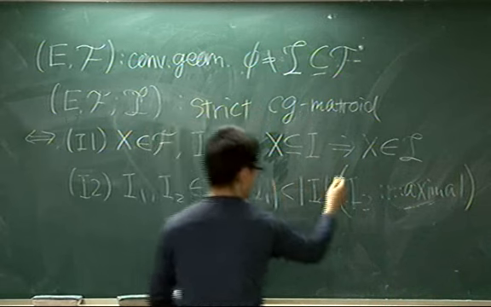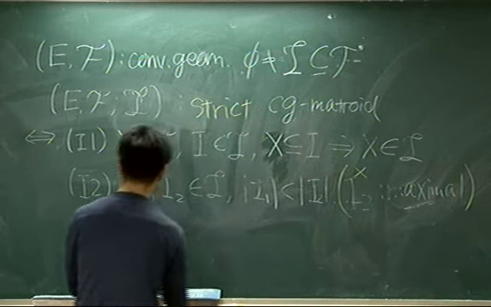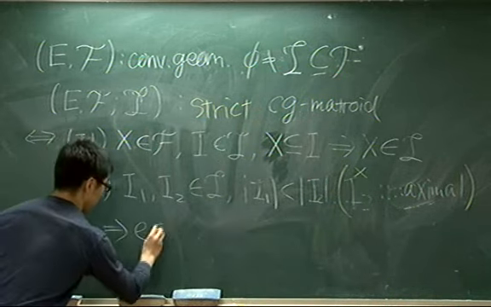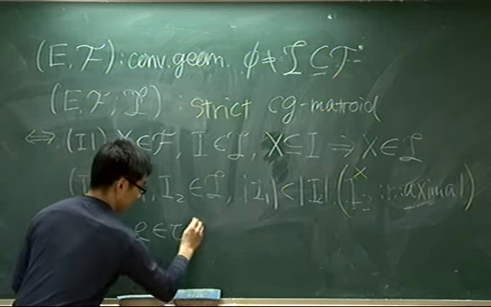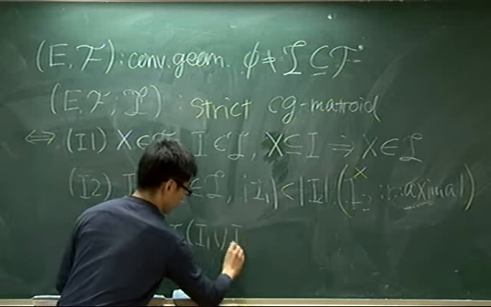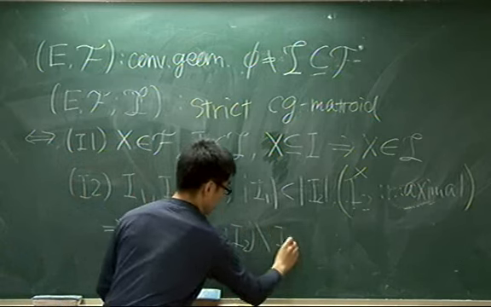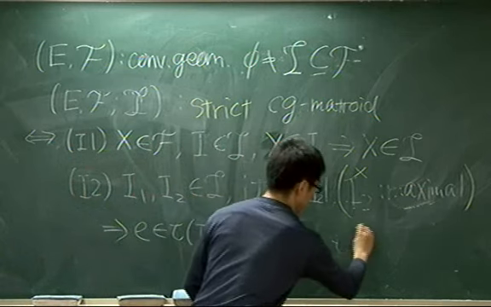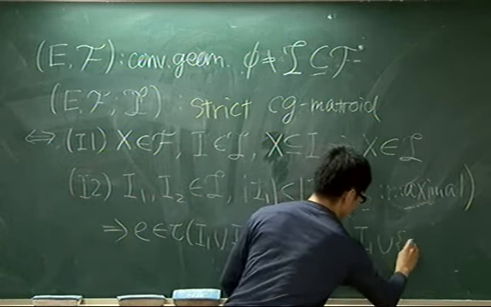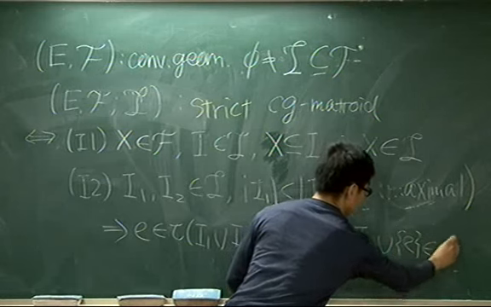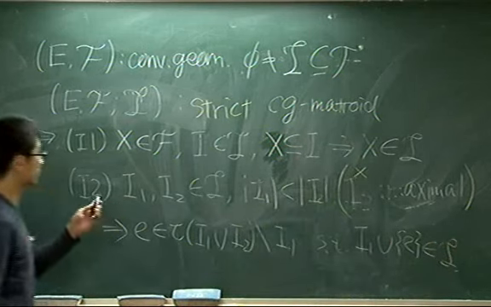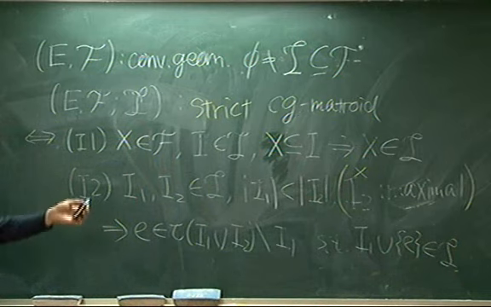So in this case, if we don't assume it, then we can augment some. Okay. This is a characterization of CG matroid and definition of strict CG matroid.